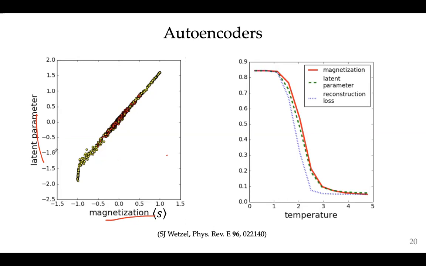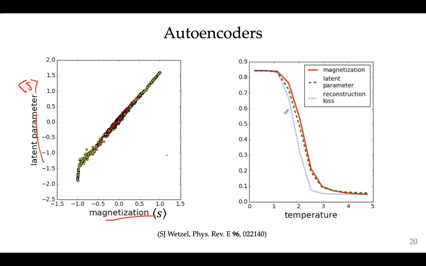So that means basically the latent parameter is the magnetization. The nice thing here is that this is an unsupervised method, and the autoencoder learns this magnetization by itself. That's the nice part of it.